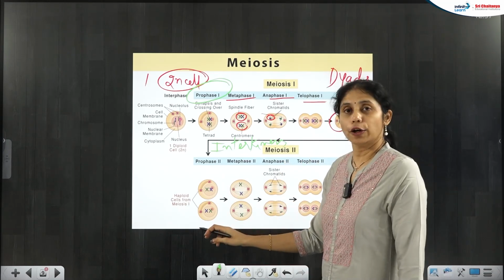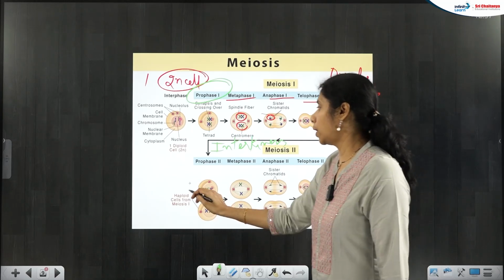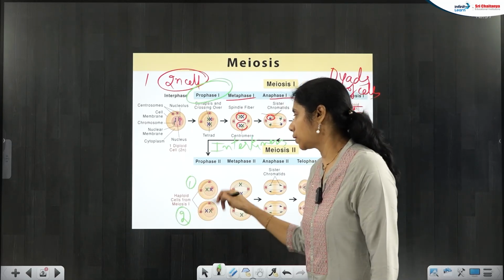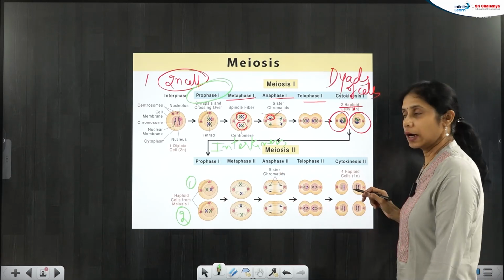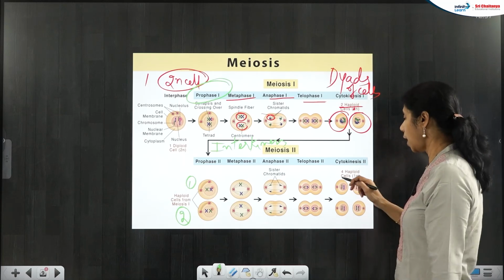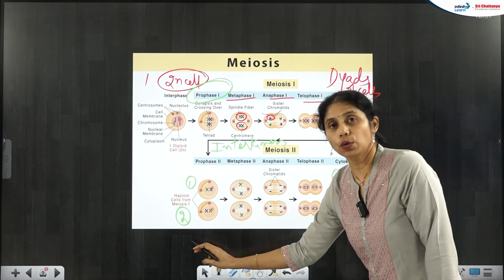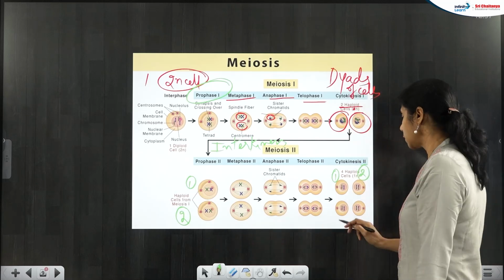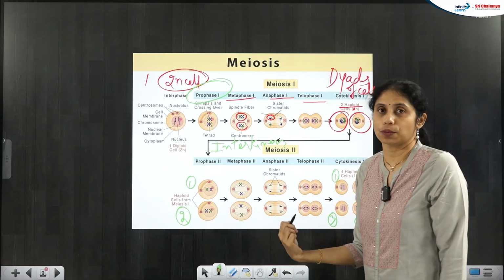Then each of the 2 daughter cells will enter meiosis 2. Each daughter cell will undergo prophase 2, metaphase 2, anaphase 2, telophase 2, cytokinesis 2, and it forms 2 daughter cells. As we have got 2 daughter cells, they will form 4 daughter cells at the end of cytokinesis 2.